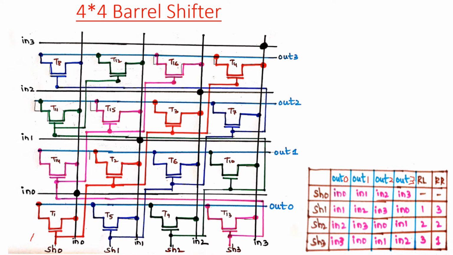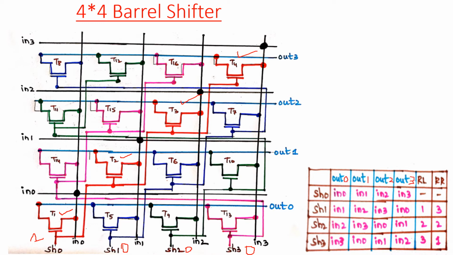Suppose SH0 is 1 and the other control signals are 0. SH0 is 1, hence T1 is on, T2 is on, T3 is on, T4 is on, and the rest of the transistors are off.